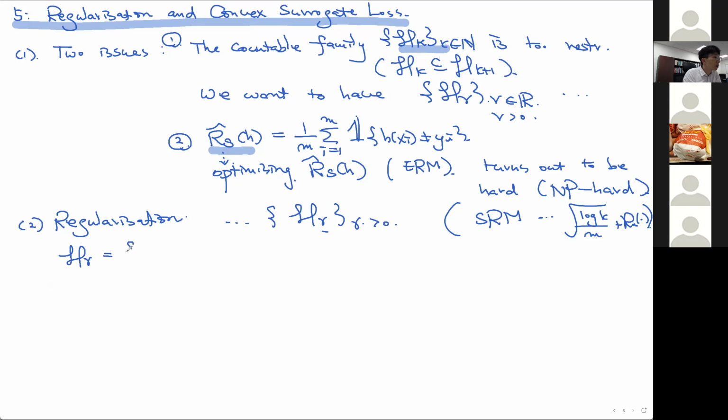It's defined by a function that takes x and maps it to the sign of the inner product of some w with phi of x.